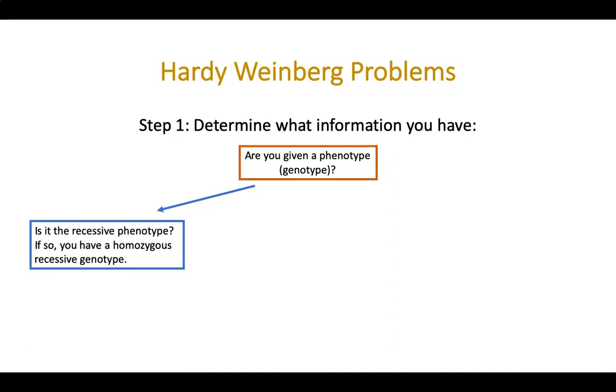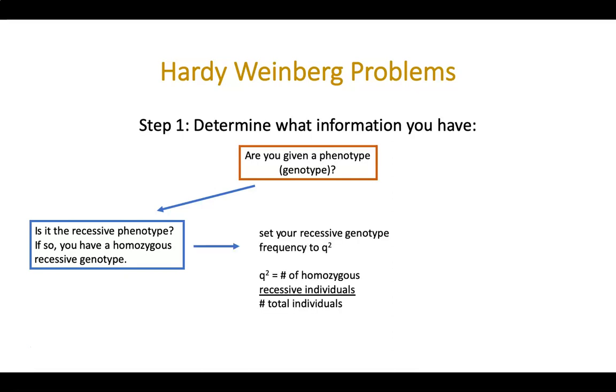Thinking about it the other way, if you have an individual with a recessive phenotype, you always know their genotype. You know that their genotype is homozygous recessive, and so you can use that information to begin working on your problem. So if you have the recessive phenotype, then you are going to start by calculating q squared.